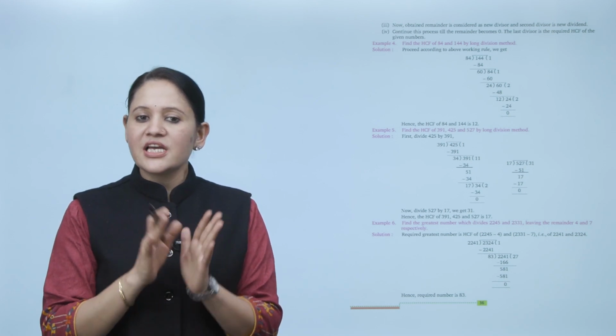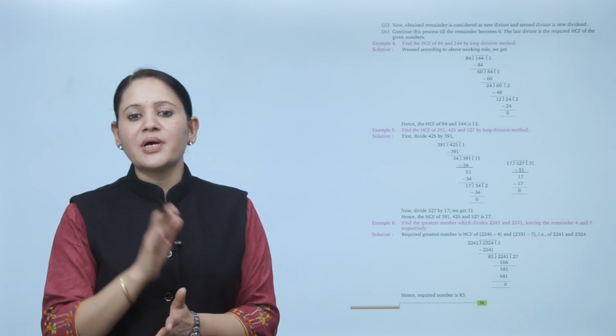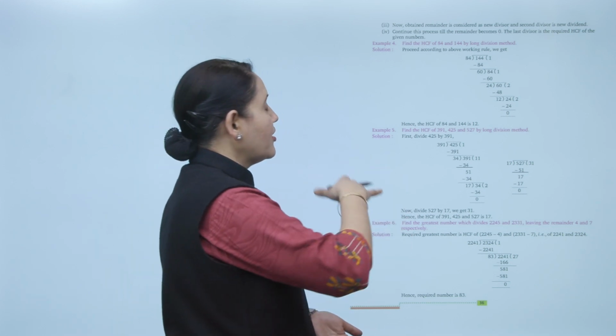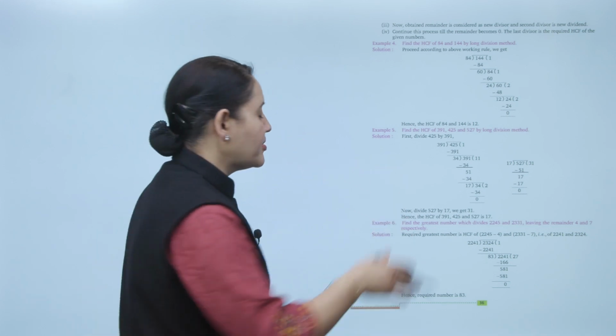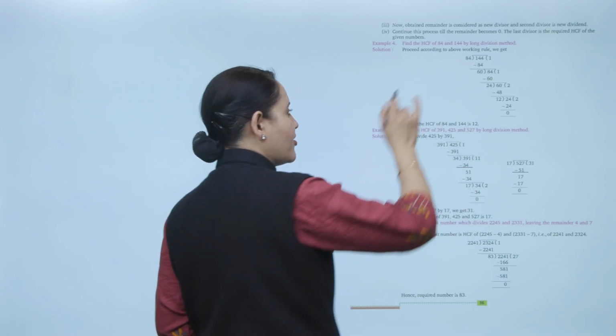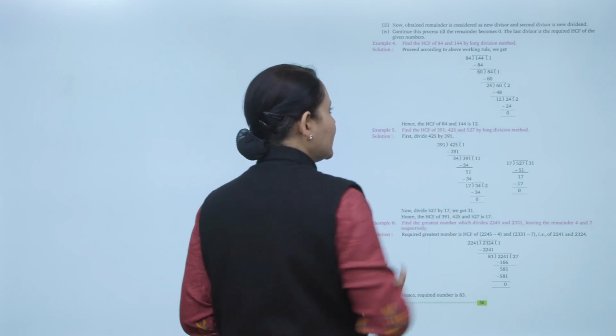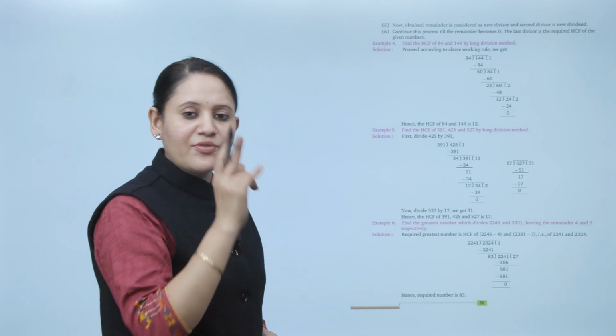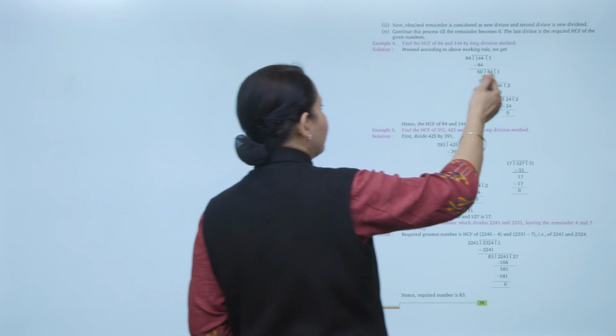For example, find the HCF of 84 and 144 by the long division method. So in this process, first we will divide the greater number by the smaller number. So 144 divided by 84. One time it divides, we subtract 84, we will get 60. Now 60 will become the new divisor and 84 will become the new dividend.